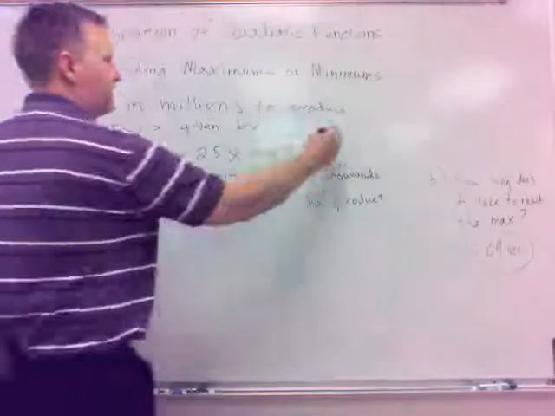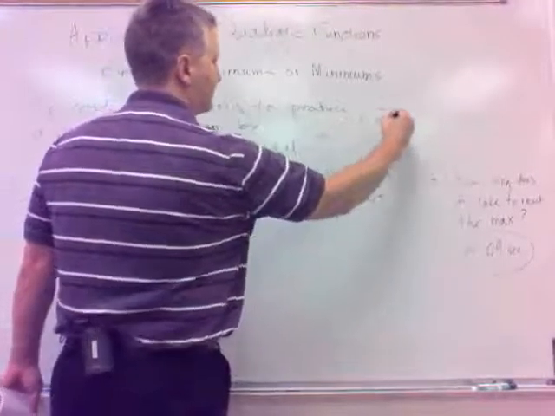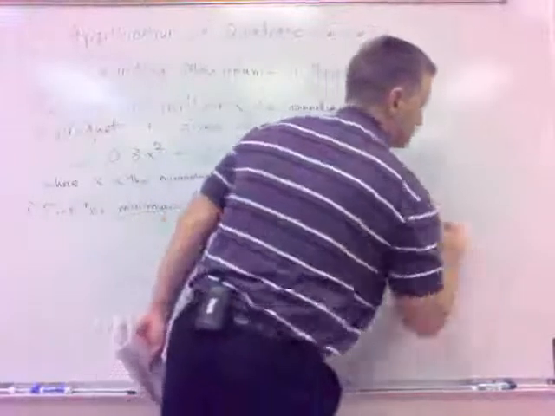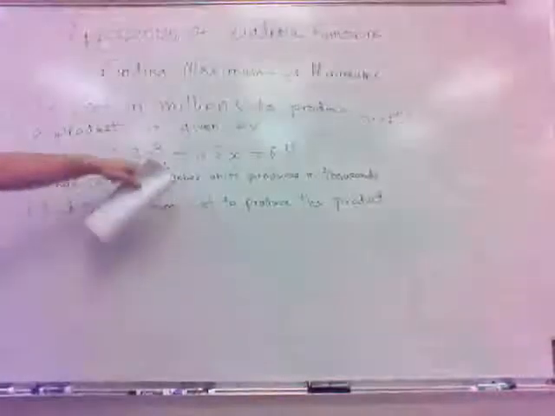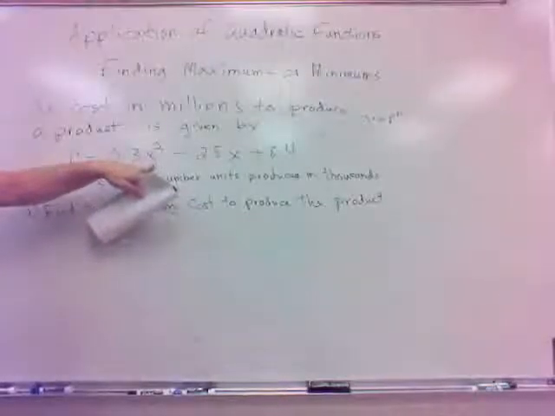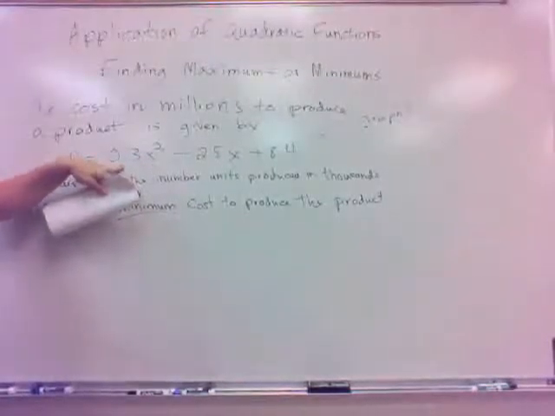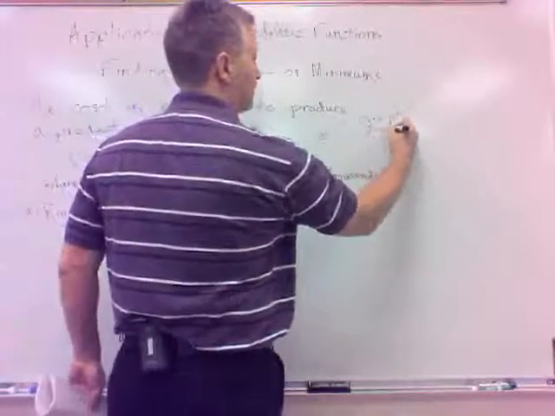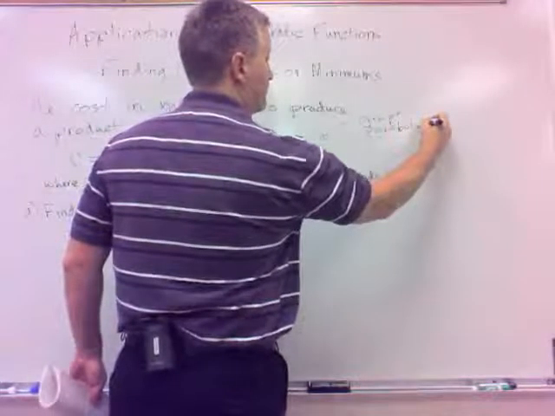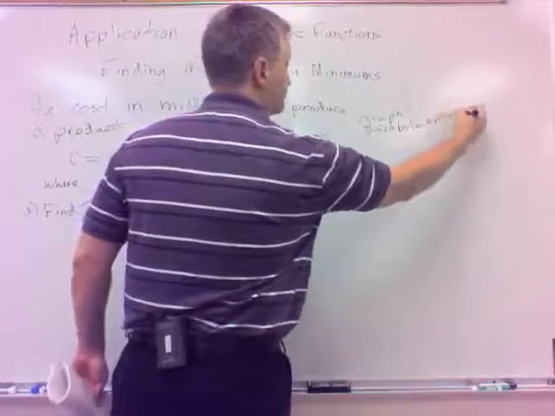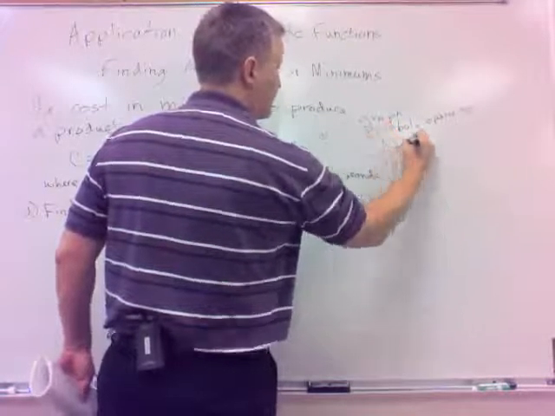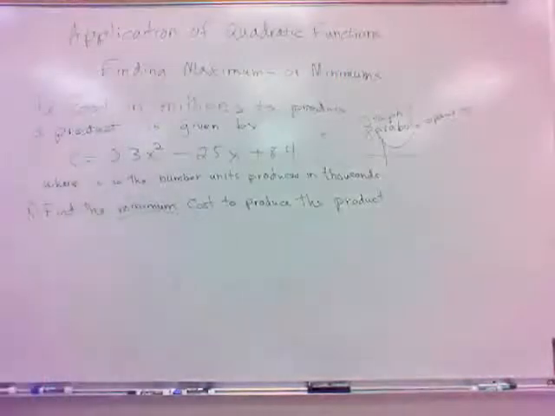Think about the graph. What would the graph of this one look like? It's a parabola, isn't it? X squared, that's a parabola. But it's an a-positive parabola, so that one opens up, doesn't it? It's going to look something like this. And so, yeah, this is going to have a low point, a minimum point.